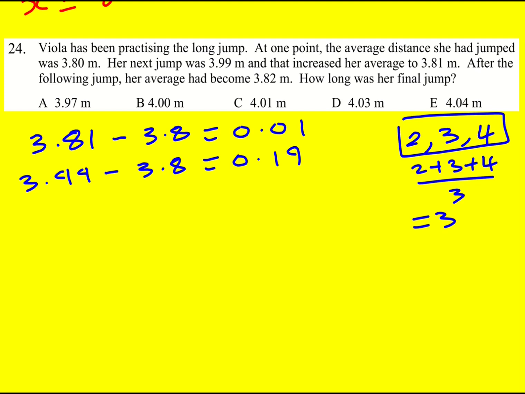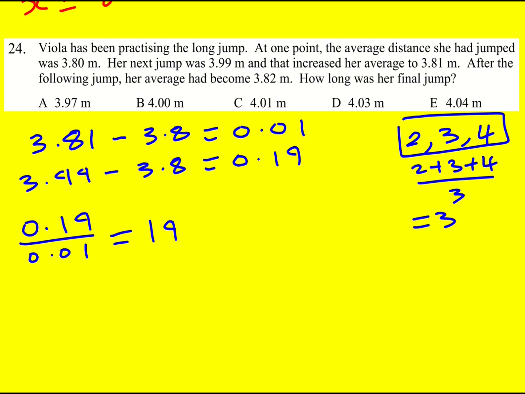What I'm trying to say is imagine sharing this extra 0.19 out equally with all the jumps, then it would cause them to go up by 0.01. And therefore, the number of jumps is going to be this amount that it's gone up by divided by the amount that we're distributing to every jump, and there's going to be 19 jumps.